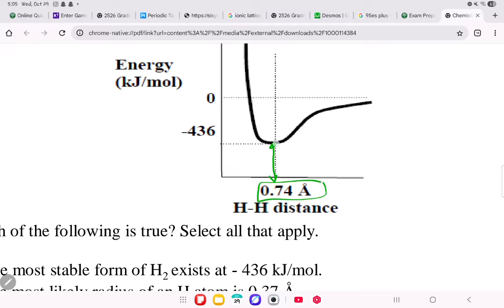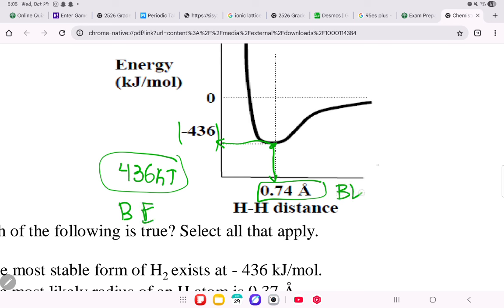And on the y-axis, if we put this in absolute value, we would have 436 kilojoules to be the value of the bond energy. BE is bond energy, BL is bond length. Now, at this point, it is the most stable point. So these are just 3 important factors we needed to know over here.